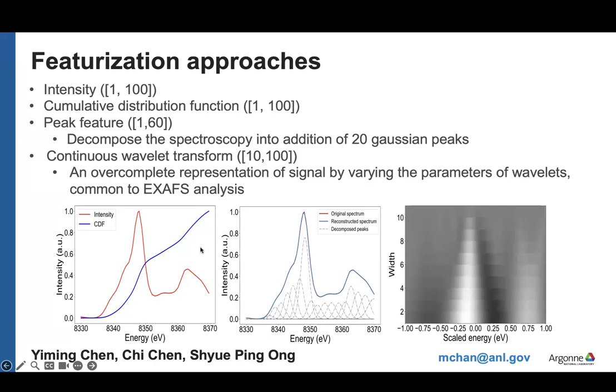But there's apparently a whole field of measure theory that talks about cumulative distribution functions, and so he convinced me to try it. Another approach that's often used with XPS is decomposing the spectrum into a number of peaks. And then finally, what's called the continuous wavelet transform, which is an overcomplete representation that's sometimes used in XAFS analysis.